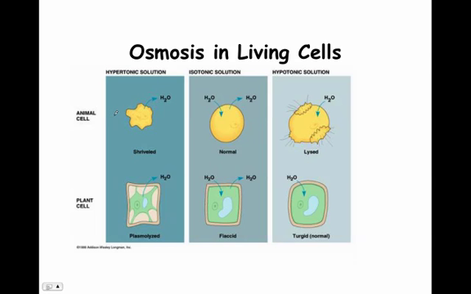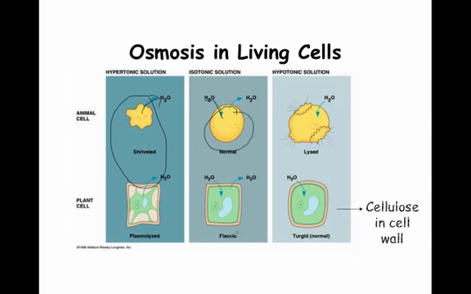So an animal cell, if it is in a salt environment, will lose water through osmosis and shrink and shrivel and get dehydrated. If it's in a solution that has lots of water, it will go in and it'll become normal.